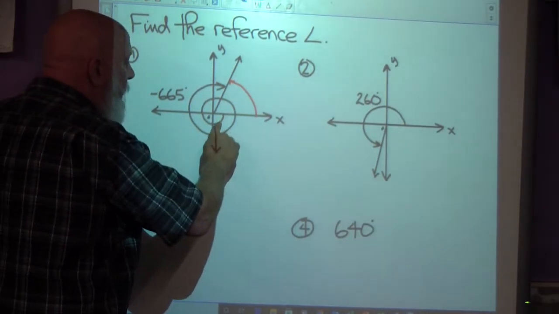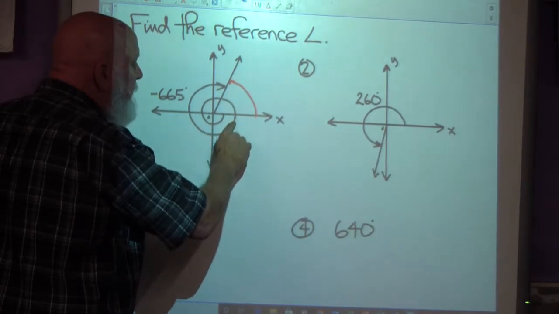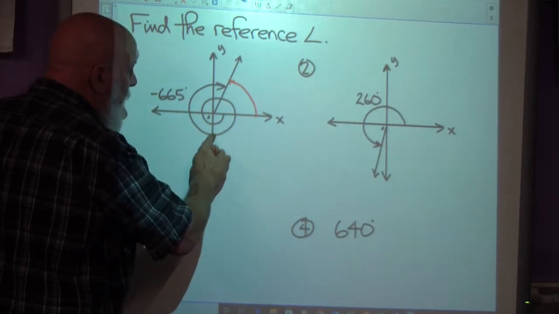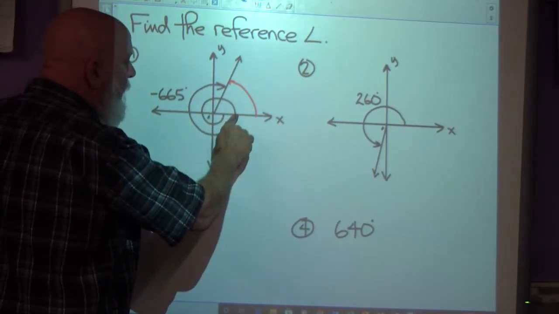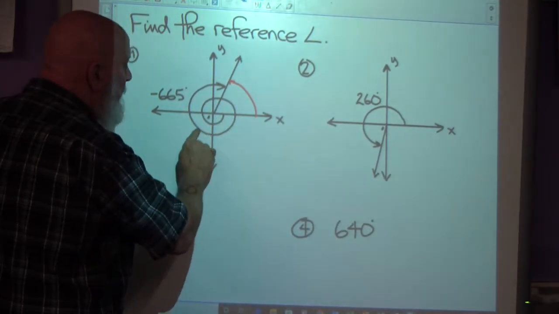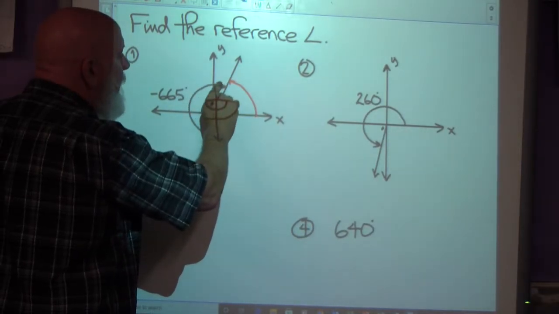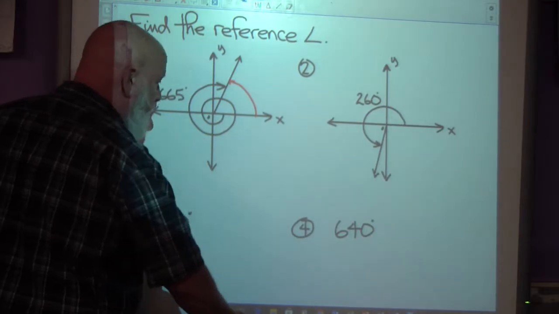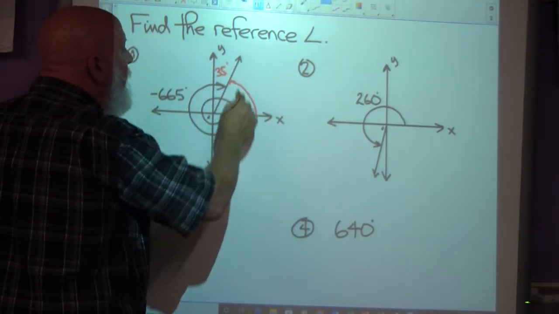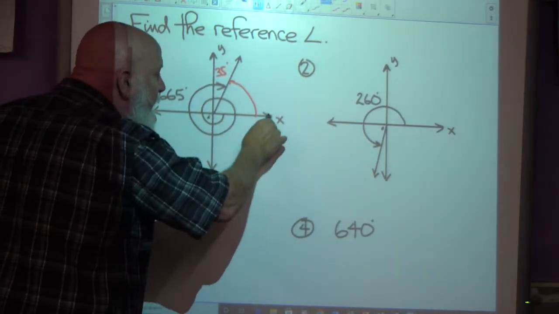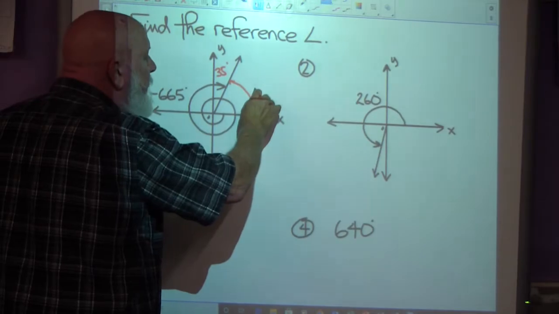Here is negative 90, 180, 270, 360, 540. Oh, wait a minute. Let me count those again. There's 360, 450, 540, 630. So this would have to be 35 degrees. If this is 35 degrees right here, and this is 90 degrees, then this has got to be 55 degrees right here.